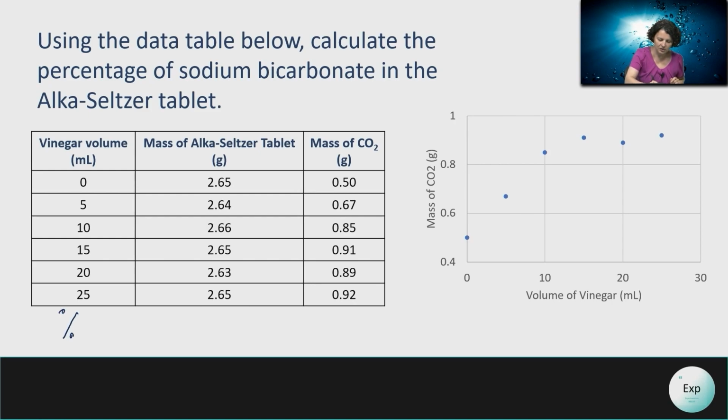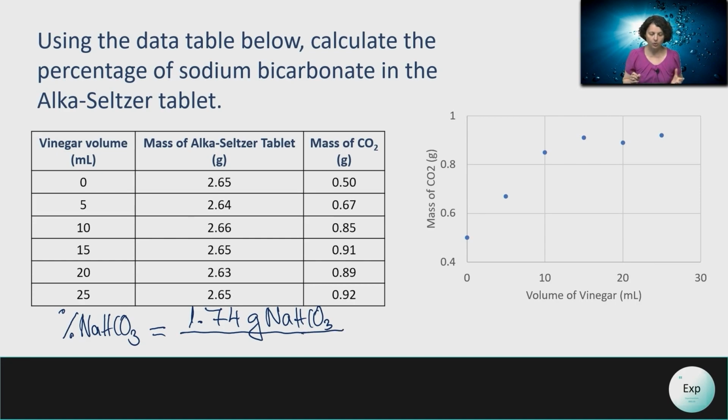The calculation starts with percent sodium bicarbonate equals, we start with the mass of the part, and that is 1.74 grams of sodium bicarbonate. And we divide by the mass of the whole, which in this case is our Alka-Seltzer tablet. At the point where we added 15 milliliters of acetic acid, the mass of our tablet was 2.65 grams.